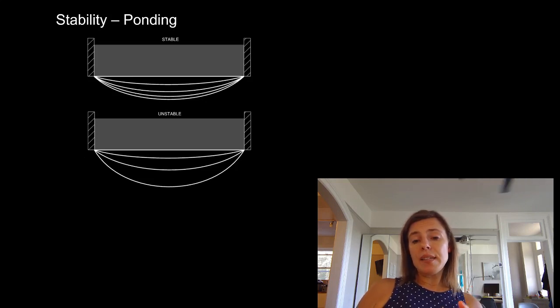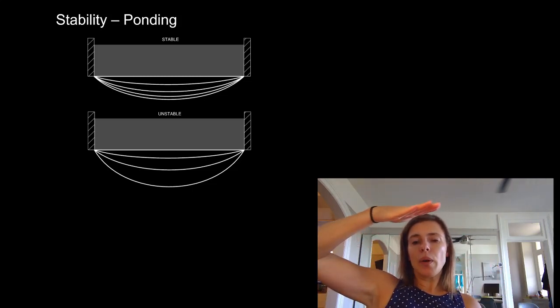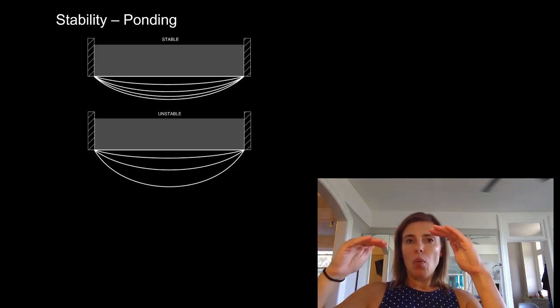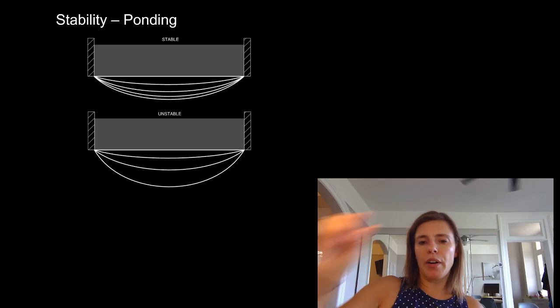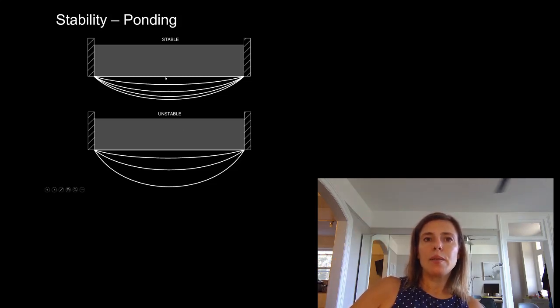We can also get the P delta effect in ponding on a roof. So you can imagine we have a roof with some water on it, and it's going to deflect just a little bit. Well, the water is going to redistribute a little bit so that more of the water is in this middle zone right here. So now we have more water in the middle where it wants to bend the most.